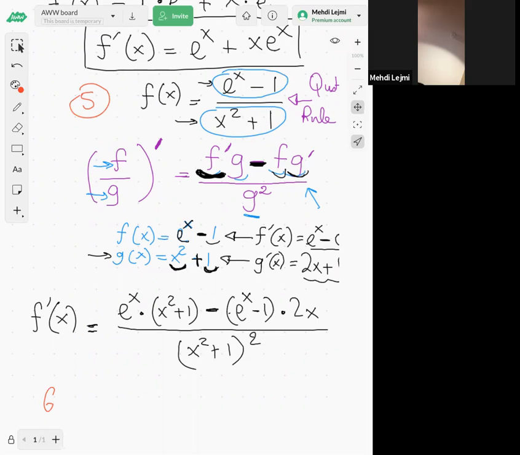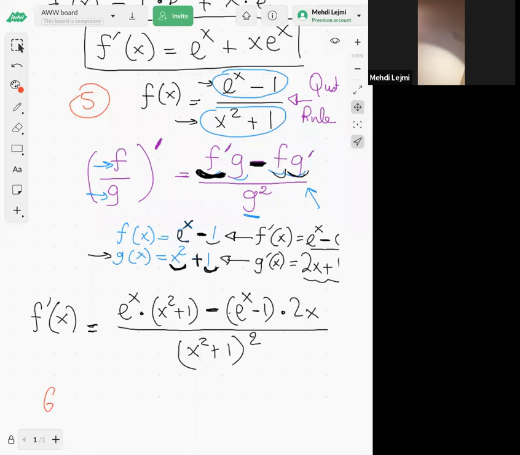But yes, you're right, you should try to simplify your answer. That's correct. But in this particular case, there will be no simplification.